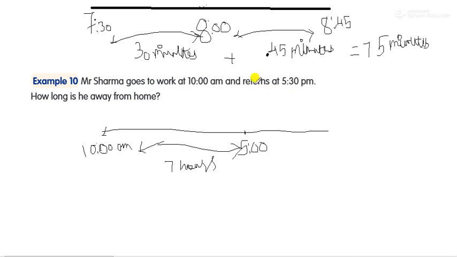Now he will return at 5:30. So here we have 5. Now 5 to 5:30 is a 30 minutes difference.